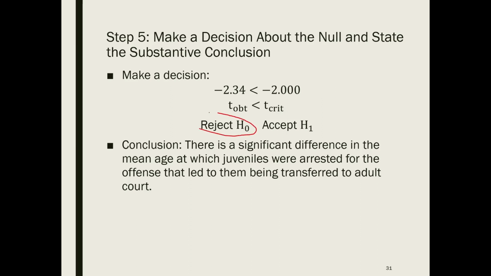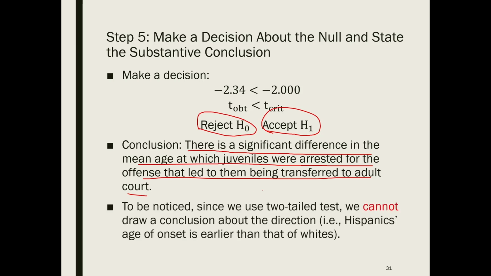We are going to reject the null hypothesis and accept the alternative hypothesis, which is there is a significant difference in the mean age at which juveniles were arrested for the offense that led them to be transferred to the adult court. The dependent variable is the mean age of being transferred to the adult court. The independent variable is actually the race.